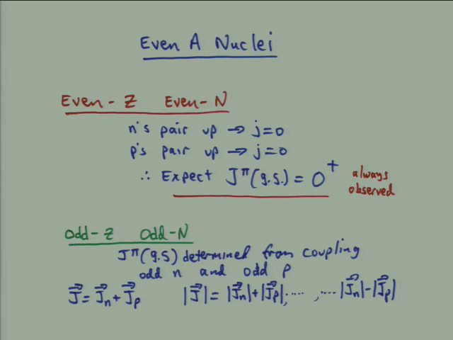According to this little nomenclature over here, what are the possible values for the magnitude of J nuclear? What's the maximum it could possibly be? 4. 7 halves plus 1 half. And what's the minimum it could be? 3, the difference between them. This is a simple case, and I chose it purposely because there are only two possible orientations of that J vector of a half.